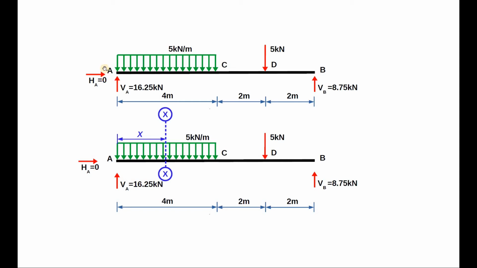Before we do that, we'll have to mark the important points on the beam. Our supports are marked by point A and point B. The point at which this UDL ends is point C. The point at which the concentrated load of 5 kilonewtons is acting is point D. We will place our section between these critical points.